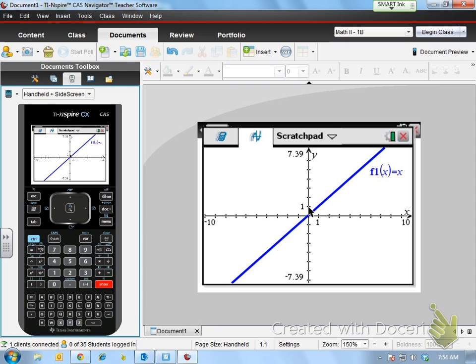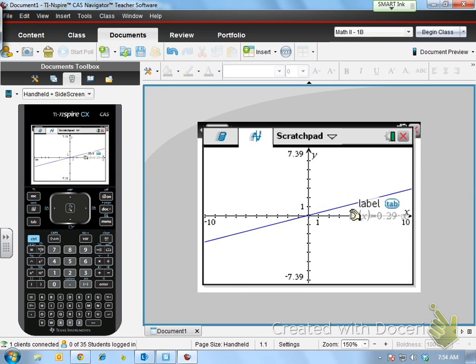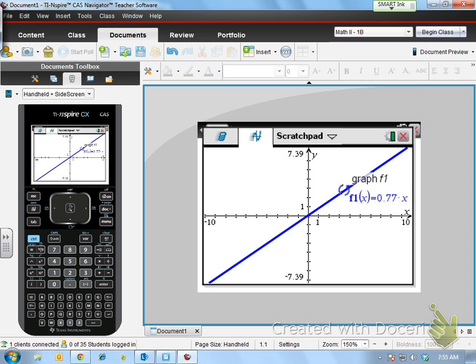Now, on this calculator, we can actually grab the parent function and move it around. So what you're going to do is use your mouse here. This one is much harder on the smartboard.